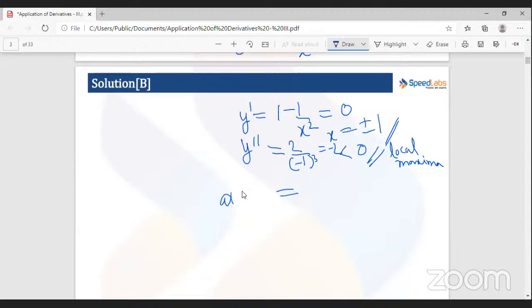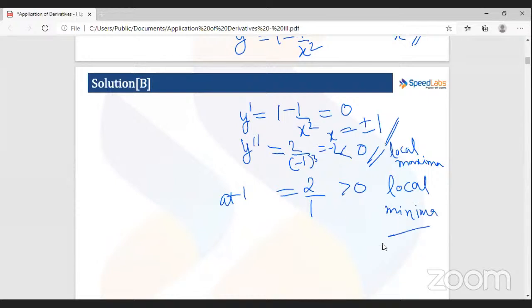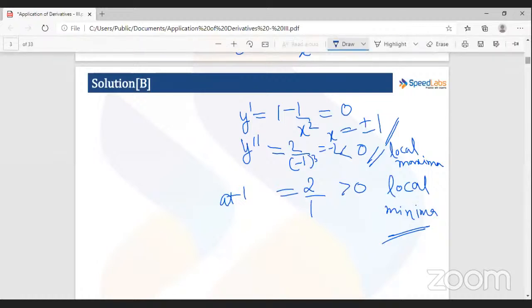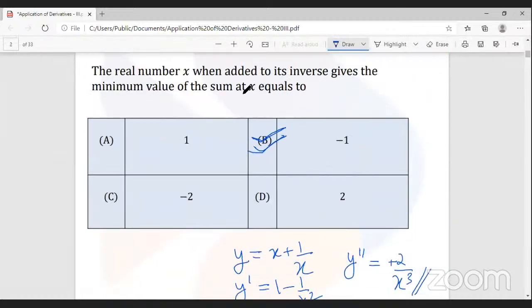And at 1, when it was greater than 0, we had local minima. But what is asked here? Here it is not asked local minima. In the question it is asked that we have to find the minimum value of the sum.